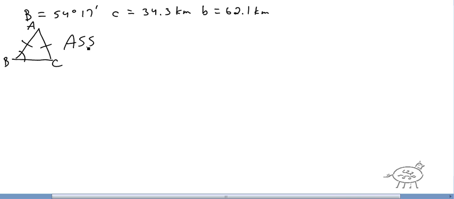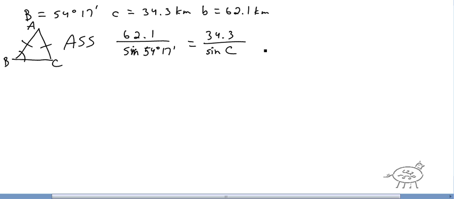So let's set things up a little bit. 62.1 over the sine of 54 degrees 17 minutes is equal to 34.3 over the sine of C. So before we go any farther, this is the angle that you're going to check to see if there's a second angle.